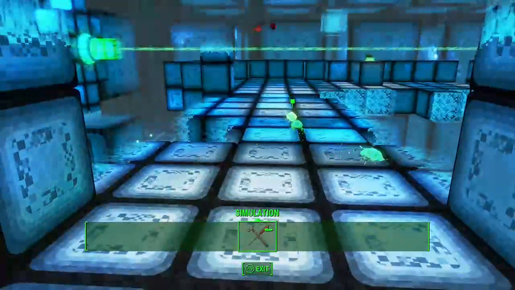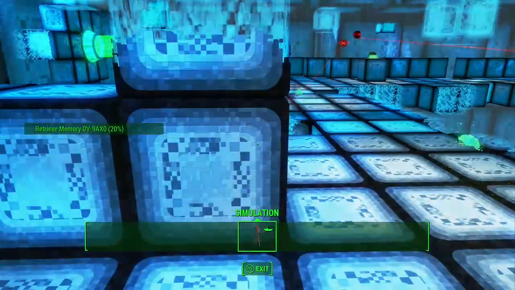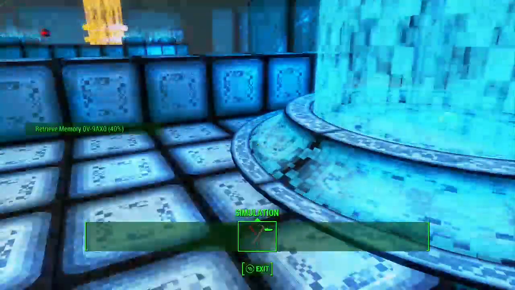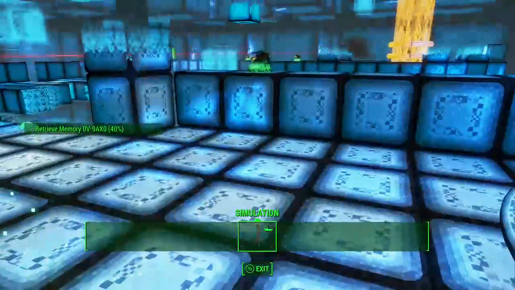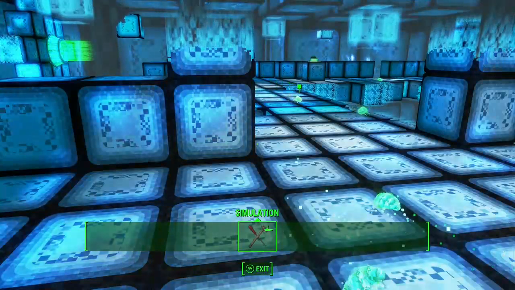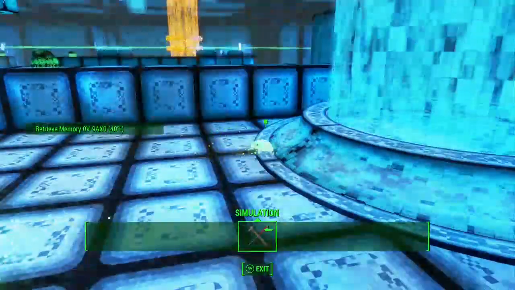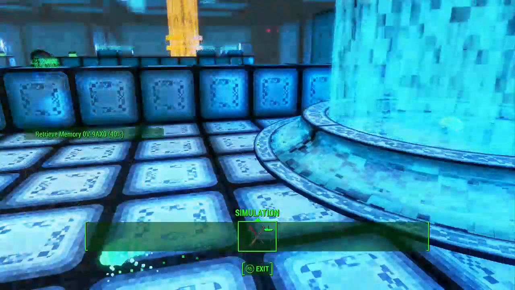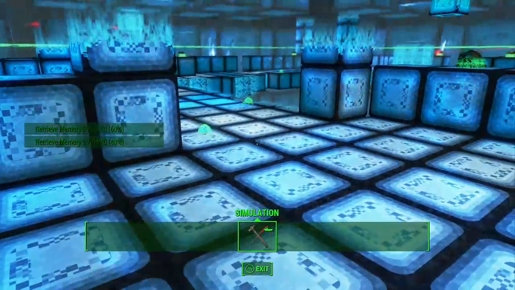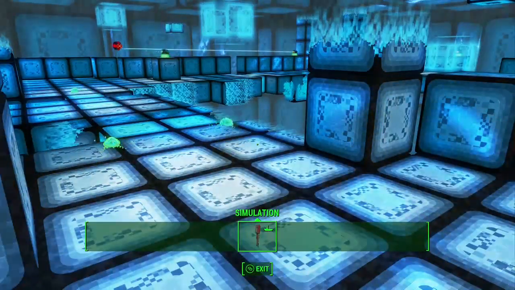First data block recovered. Good. Just keep doing what you're doing. Intrusive program detected. Memory retrieval now at 60%. Beginning attrition of intrusive program.